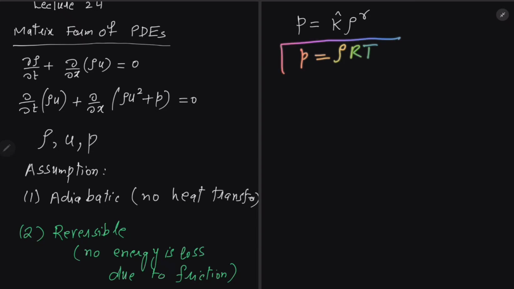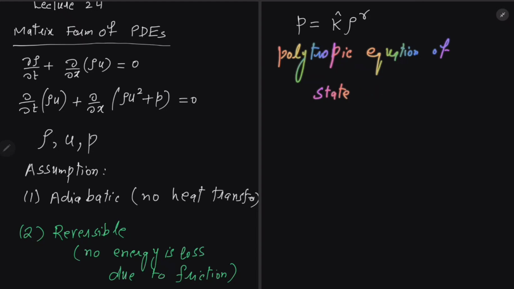You already know that equation, probably from chemistry or physics. But this equation is called the polytropic equation of state.